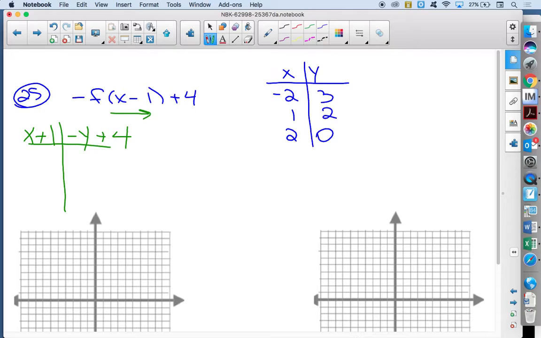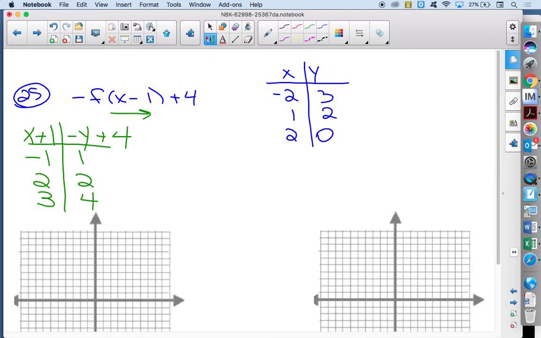So, David, if we had a negative 2 and you're adding 1 to it, it becomes negative 1, and then the 2 is 3. And then your y values, make it negative and then add 4. Good.